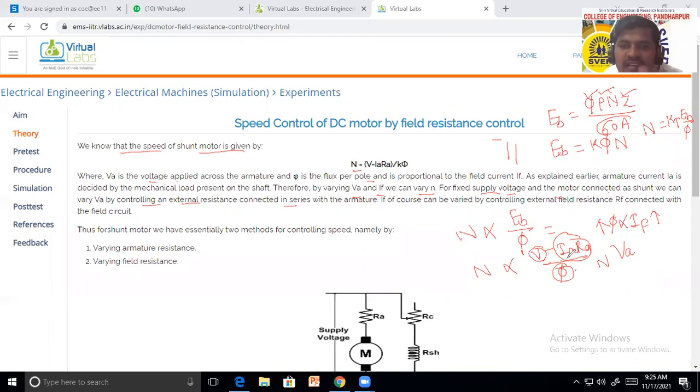And if we connect an external resistance, the field current can be varied by controlling the external field resistance Rf connected in the field circuit.